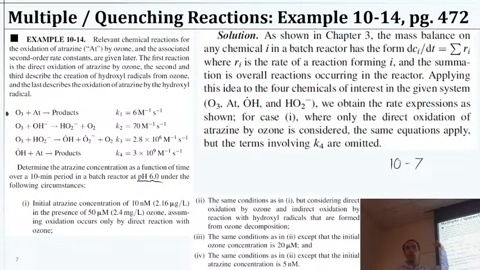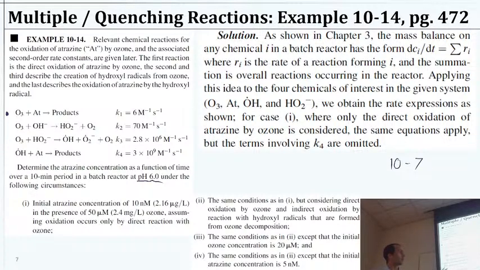So the change in atrazine concentration over change in time is going to be equal to this reaction occurring. But when we do that, we also have to account for the ozone, whose concentration is also changing. So it's going to be a system of equations that we're solving simultaneously, and we're going to leverage Excel to do this in a stepwise manner.